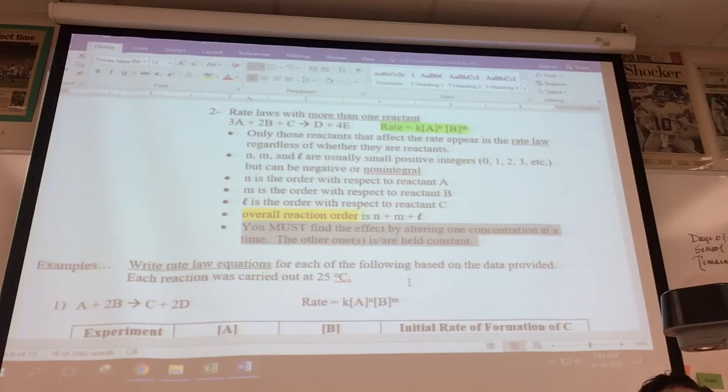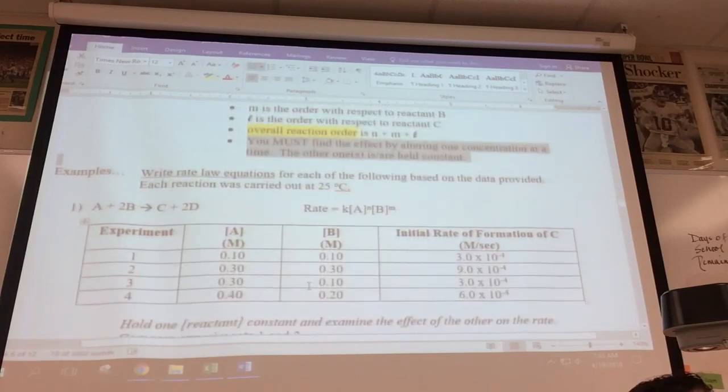You're going to look at the effect of altering the concentration of the one reactant on the rate. And that'll be the key right here to doing this correctly. And I'll show you what I mean in the following example. The first one is already done for you. I'll walk you through carefully, and then we will do several together so that you can master this concept.